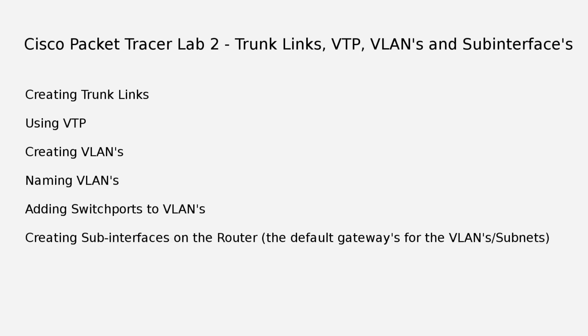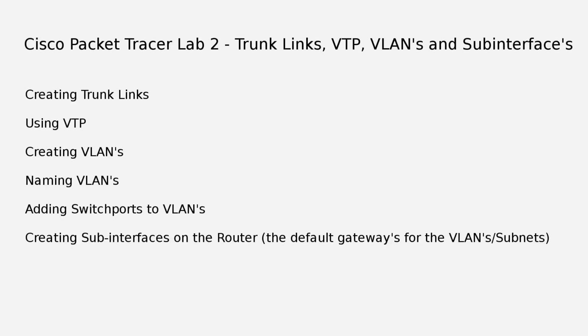We'll look at creating the VLANs themselves. This is extremely easy to do, and naming VLANs. We'll look at adding switch ports to VLANs, because although VTP allows you to create the VLANs on one switch, the VTP server, and they'll be replicated on the VTP client switches that are connected to that server via the trunk links, it doesn't of course put ports in the VLANs, so you still have to manually put the ports in the VLANs.